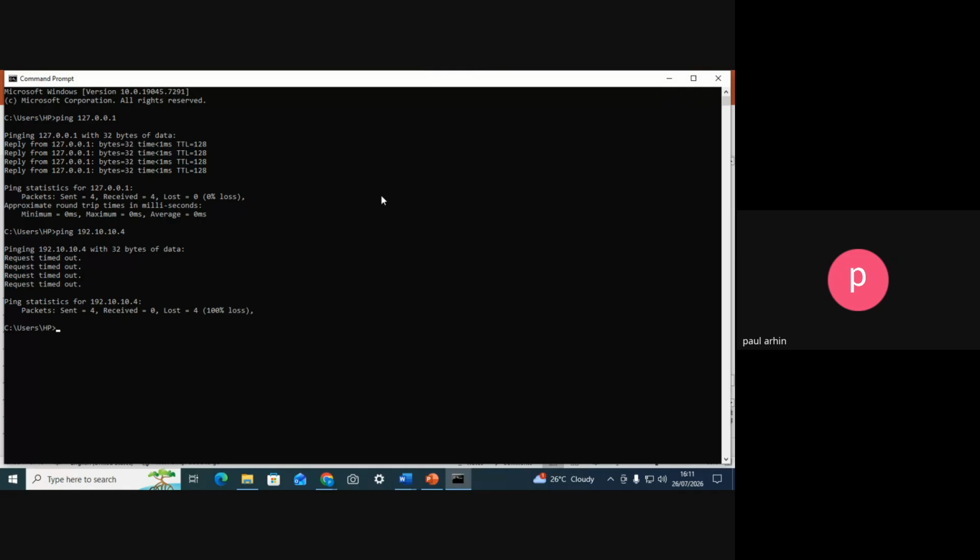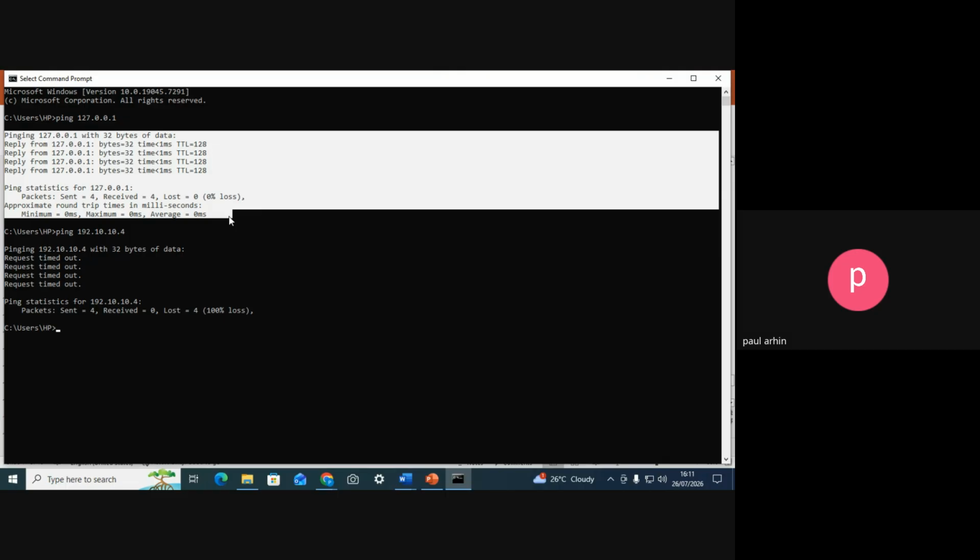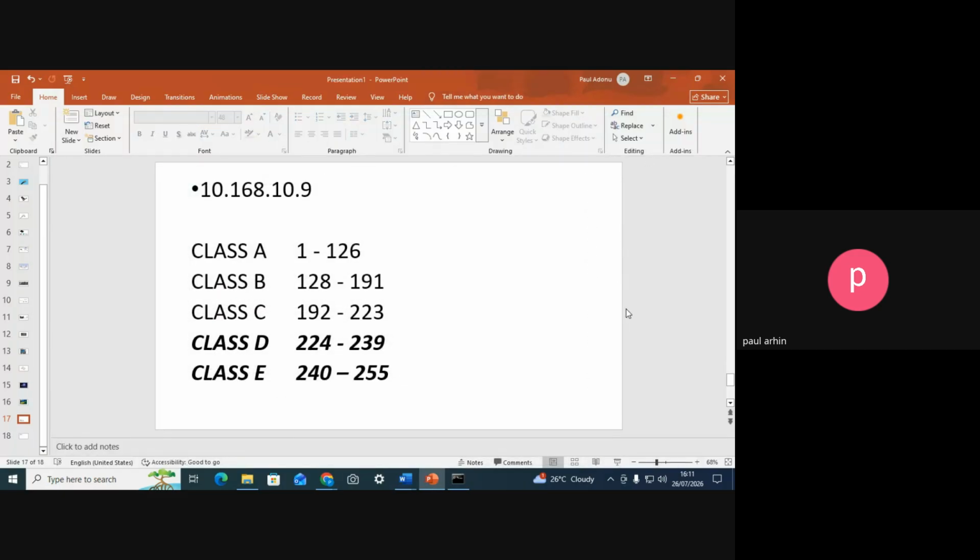So with the 127 here, I am sure and certain that my network interface card is operating well. Of course, if it's not operating, how would I even be having this lecture with you online? It's not possible. But I just wanted to demonstrate it for you to see how it really works. So that's how to get to the command prompt.